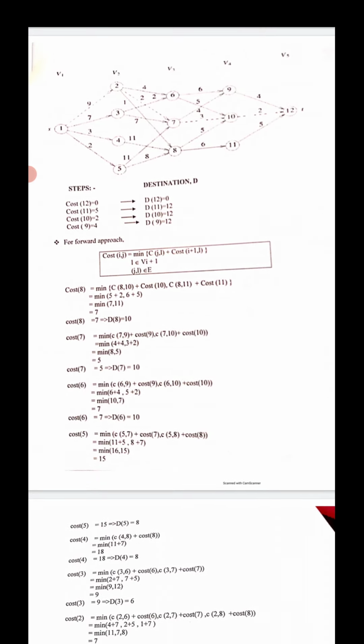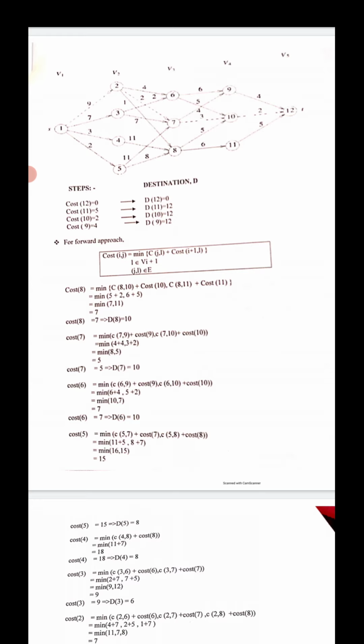Now we calculate the cost of 7 using the formula. Cost of 7 will be assigned to the minimum of cost of 7 comma 9 plus cost of 9, and cost of 7 comma 10 plus cost of 10, since it goes in the directions 9 and 10.